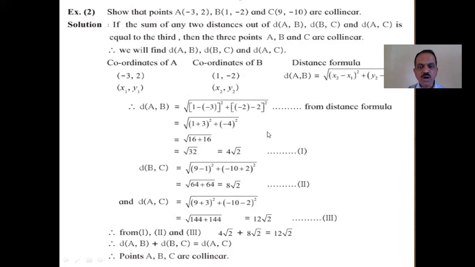From the first, second and third, we get 4 root 2 plus 8 root 2 is equal to 12 root 2. That means the sum of the two segments AB plus BC is nothing but AC, which is 12 root 2. Therefore, distance AB plus distance BC is equal to distance AC.